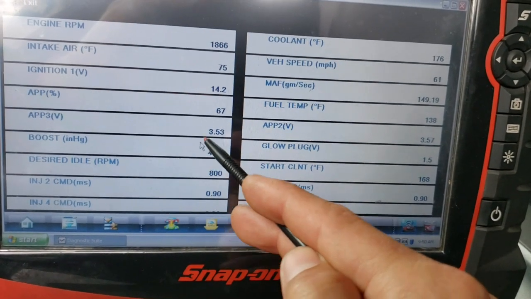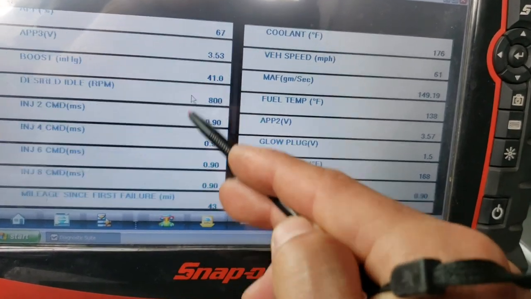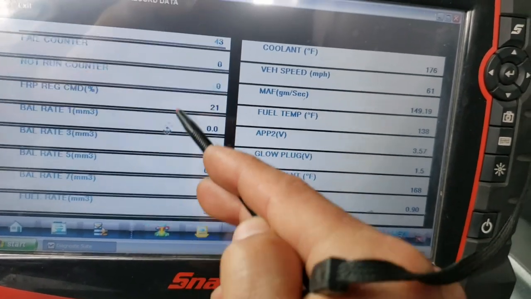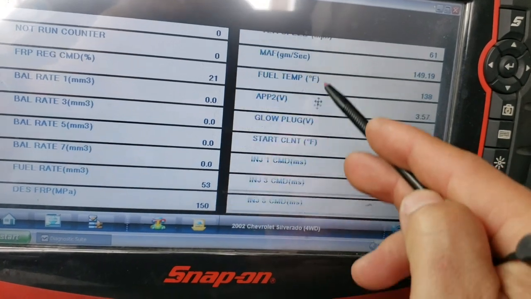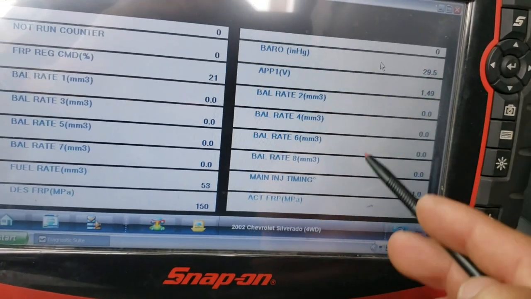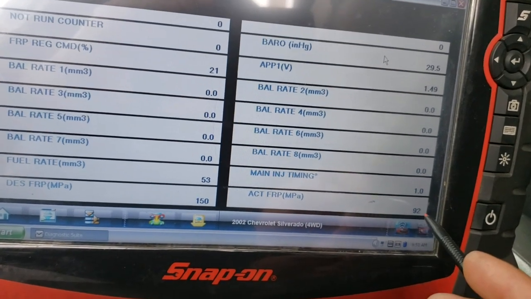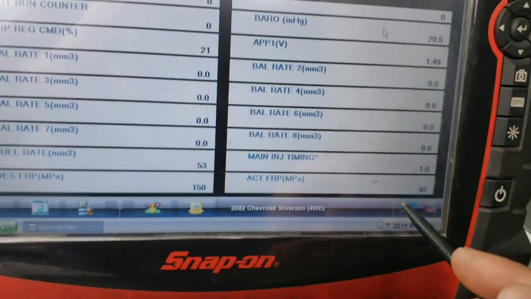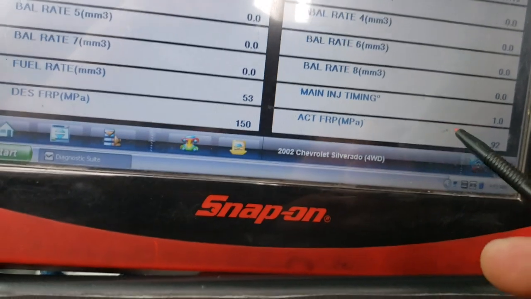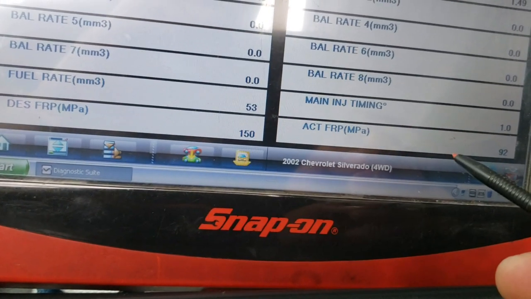So we're looking at actual and desired fuel pressure. Desired fuel pressure was 150 megapascal, and it had 92. So basically that's why it set the code. That's what happened at that moment.